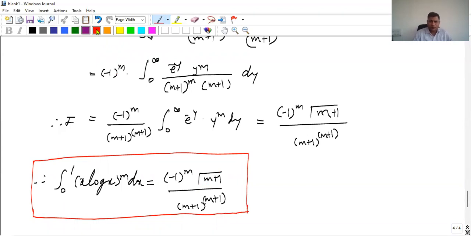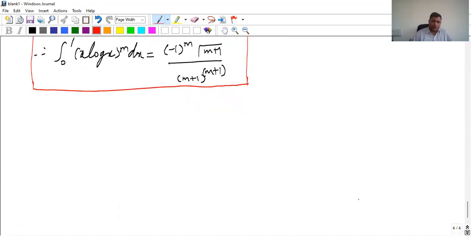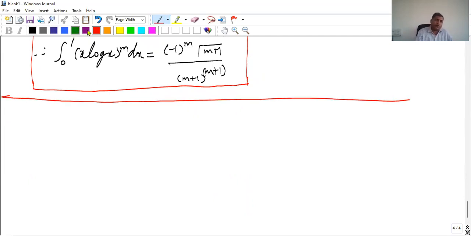Okay. Now we got the idea about log x. Okay, what if we have log of 1 by x?